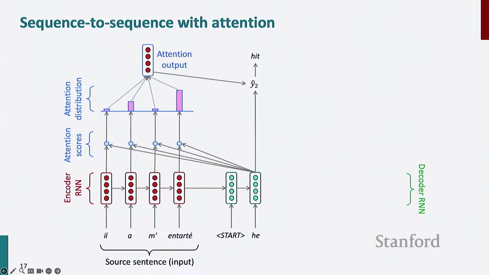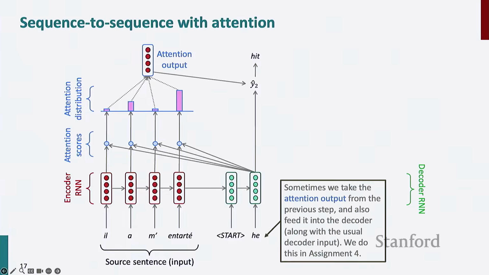So we then go on to generating the second word. We copy down the first word generated, start to generate the second word. We work out attention at every position. There's a little note there, which is a little fine point, which maybe I won't deal with, but it points out sometimes you also do things like stick the previous time step's attention output into the next step as an extra input.